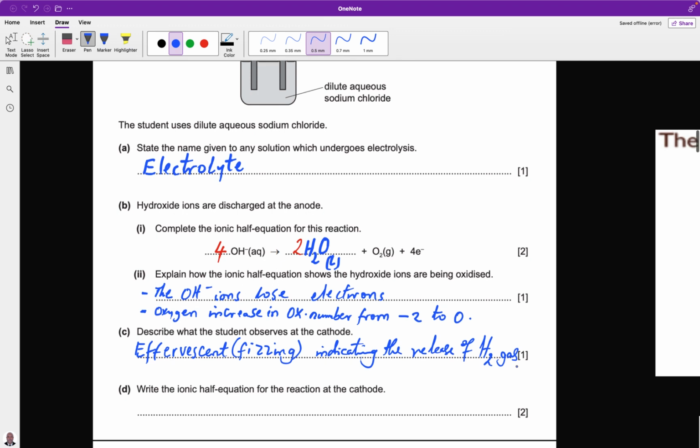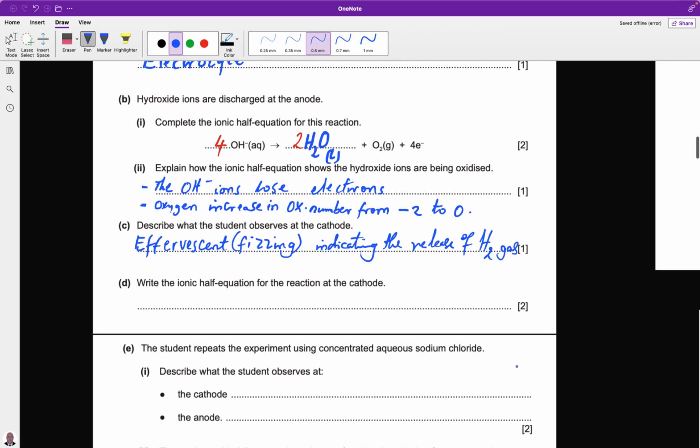So now write the ionic half equation for the reaction at the cathode. The ionic half equation is simple, just as what I have just described. We have hydrogen ion in aqueous, there is gain of electrons, and hydrogen gas is being produced.